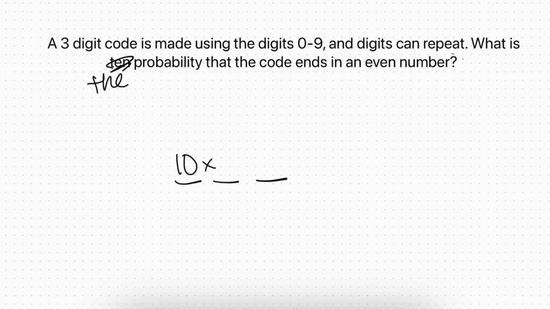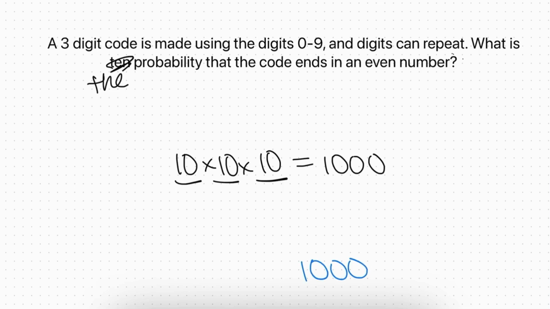And this is an AND scenario, so we will be multiplying the possibilities. For the second digit, also we have 10 possibilities, and for the last digit, we have 10 possibilities since we can repeat digits. This is nothing but 10 cubed, which is 1,000. So our total number of outcomes is 1,000, and I'm just going to put that aside.